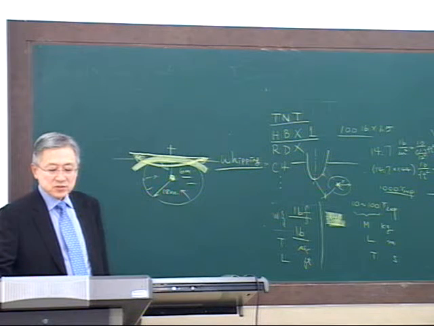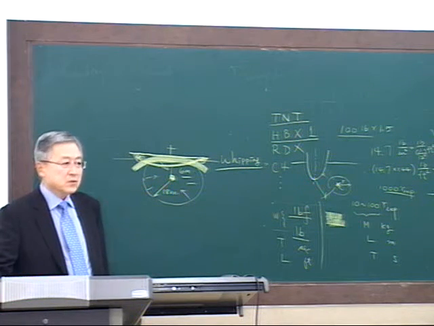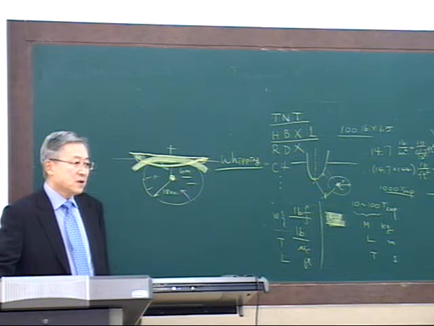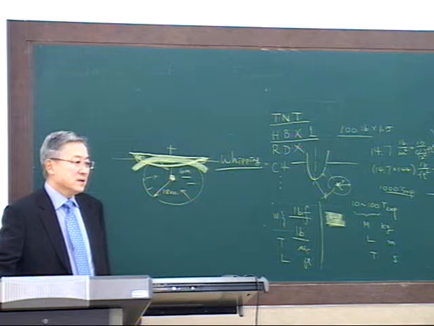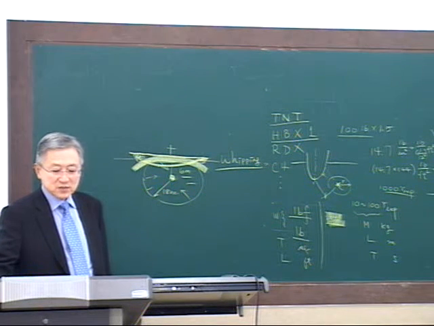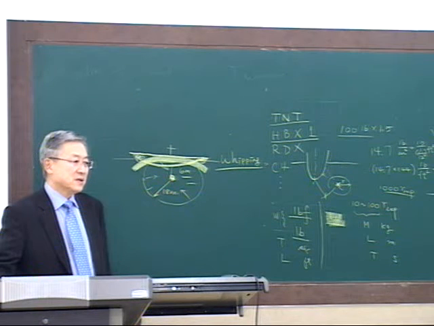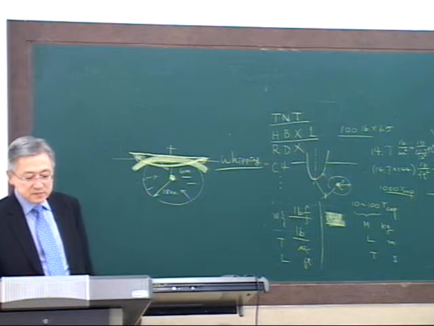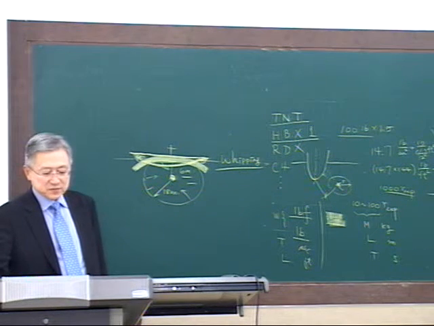So this, without the rho, is the volume of the sphere, right? Then you multiply by the water mass density, and this is the displaced mass, right? And times g. So this is the buoyancy force, right?